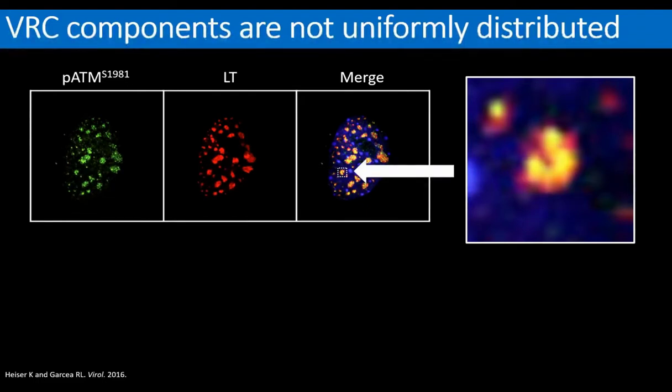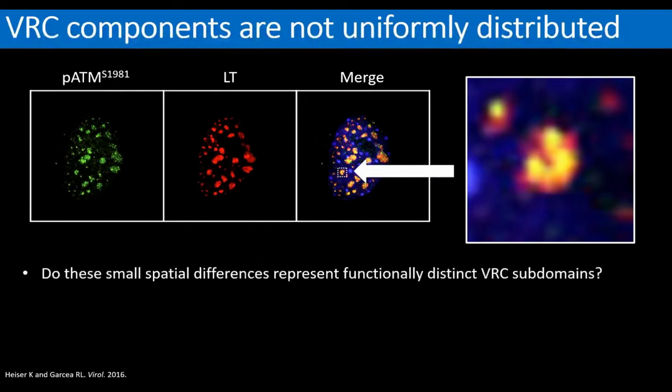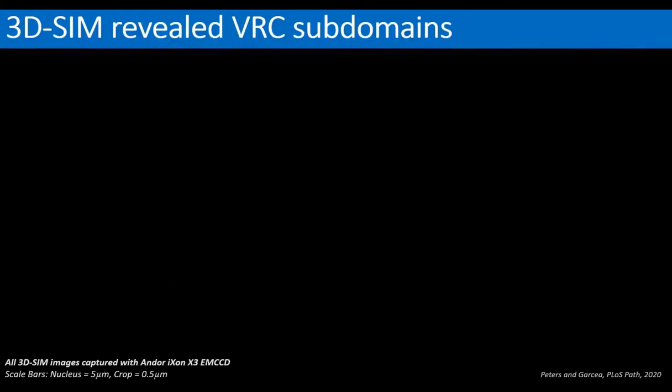I wondered if these small spatial differences could represent functionally distinct VRC subdomains. I used another kind of super resolution microscopy called 3D structured illumination microscopy, or 3D SIM, to investigate this question. Before I show you what these images look like, I want to describe the experiment and how it's different from the data I've shown you so far.